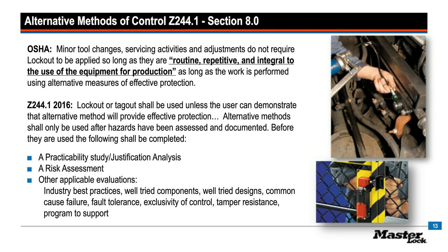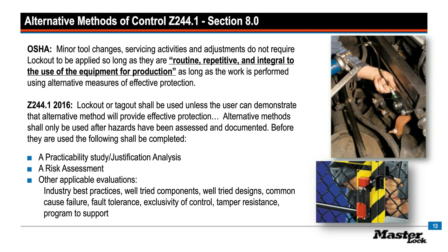Our position in the new ANSI standard is lockout shall be used unless it can be demonstrated that the alternative method will provide effective protection. It shall only be used after hazards have been assessed through risk assessment processes, and before alternative procedures are used, we need some steps to be followed in order to meet the guidelines provided by the Z244 standard.